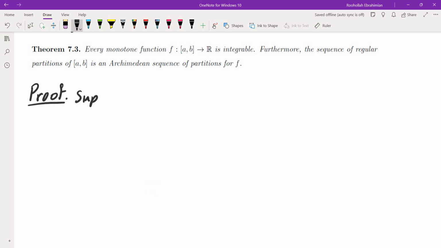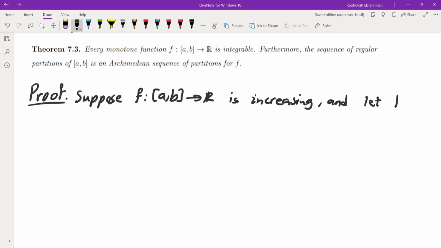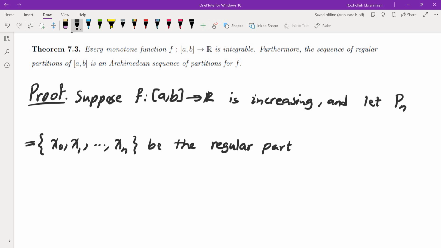So suppose f from [a, b] to R is increasing, and let Pn = {x0, x1, all the way to xn} be the regular partition of [a, b] into n subintervals.